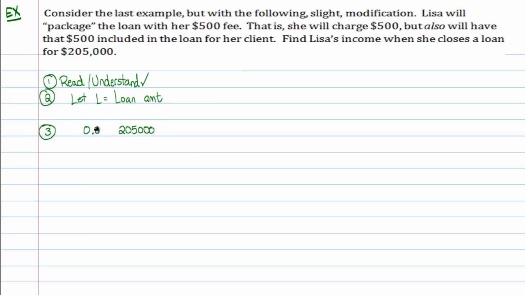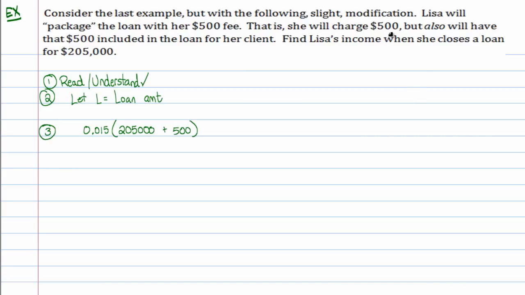And normally she would get 1.5% of that. But she's tacking on to that $500. So she gets 1.5% of $205,000 plus the extra 500. So notice the difference between this example and the last example. She's packaging the loan with her $500 fee and then getting the 1.5% on that.